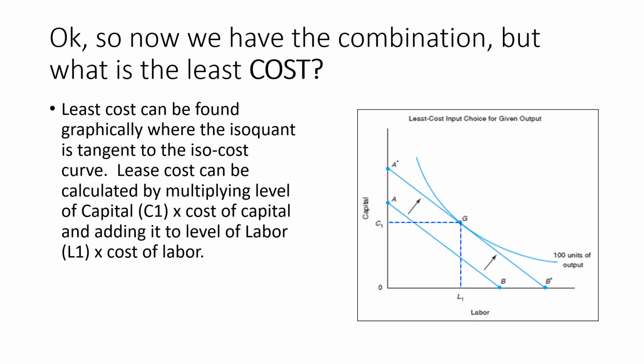If we want to find then, for this graph, what the actual lowest cost combination is, we would take the cost of labor times the number of units of labor plus the cost of capital times the number of units of capital that we use, add them together, and that will give us the lowest cost that we can possibly create a certain number of units of output, in this case 100.